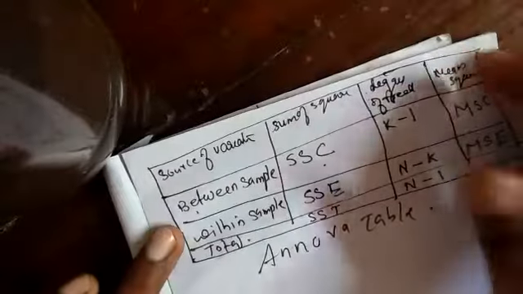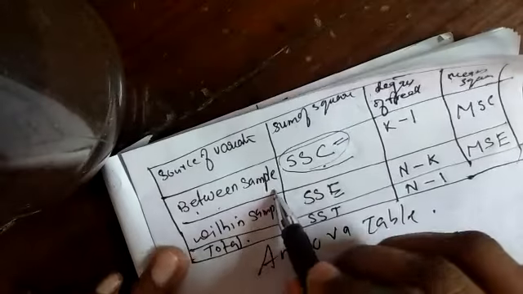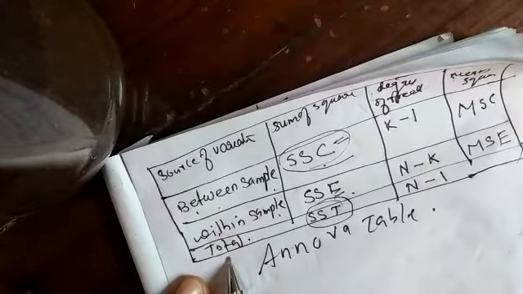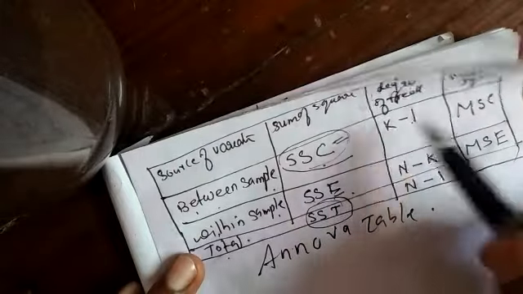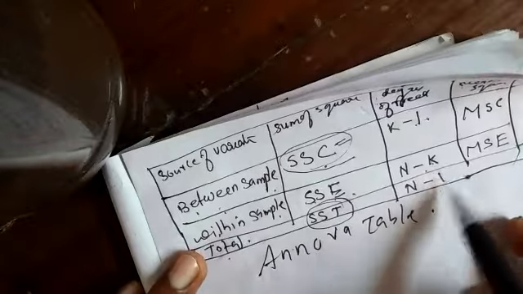I already explained how to find SSC. SSC is the sum of squares between samples. SSE is the sum of squares within samples. SST is the sum of squares of total. K minus 1 is the degrees of freedom between samples, N minus K within samples, and N minus 1 total.